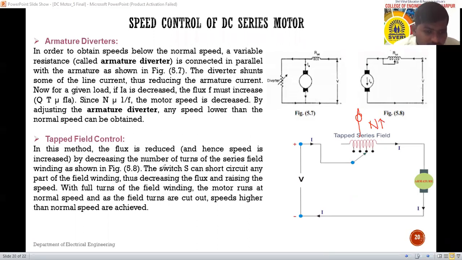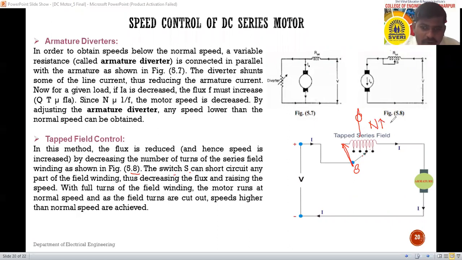Okay, so the number of turns of the series field winding will be shown in this figure. The switch can short circuit any part. Here this one is the switch, and it can be connected or short circuit any part. Suppose it is connected here, जर इथं connection केलं, all the field winding is connected in series with the armature.